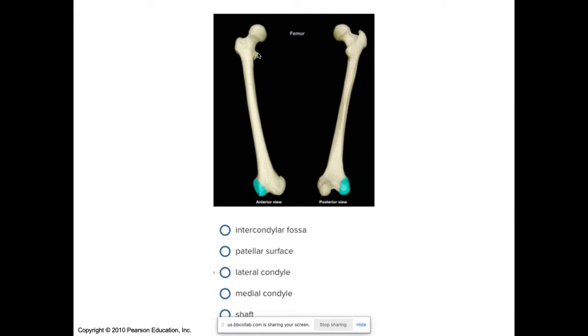So this is going to project medially, which means out here, this has to be lateral. Whether it's here or here, it's still lateral. So that would be your lateral condyle. This would be the medial condyle from the anterior and the medial condyle from the posterior.